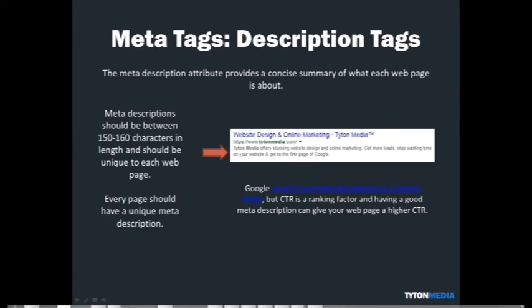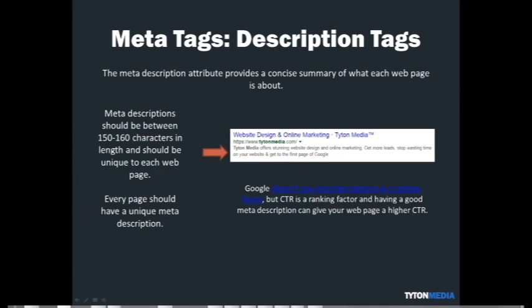So next is the meta description. What this does is it provides a summary of what each page is about, and this piece is also used in both the search engine results pages as well as on social media sites.